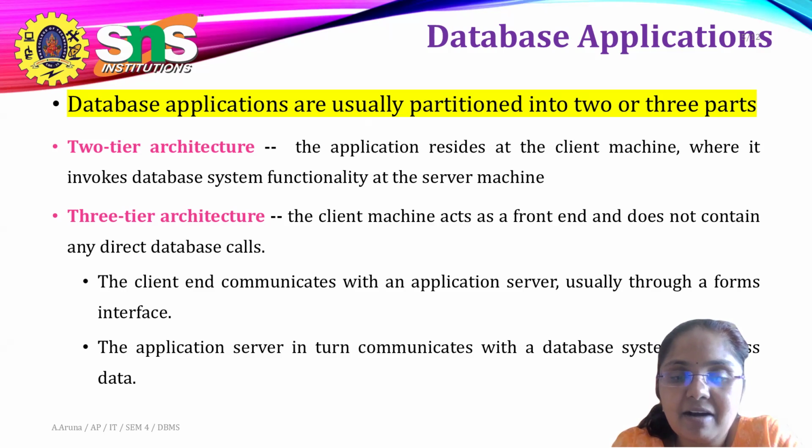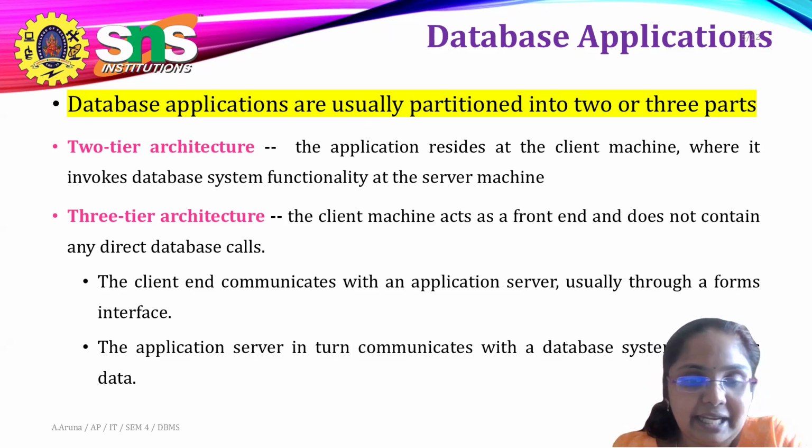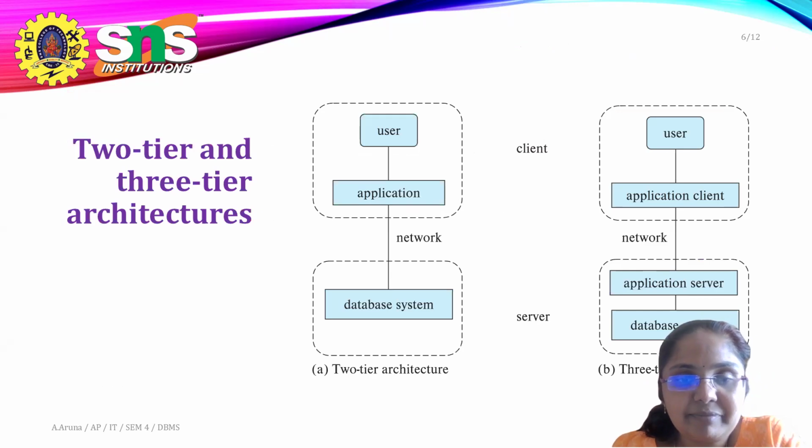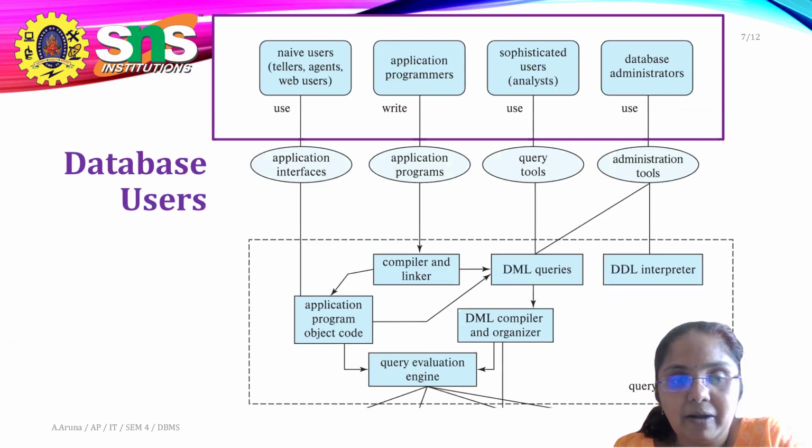The application server in turn communicates with the database system to access the data. So this is the diagram of the 2-tier and the 3-tier architecture. In 2-tier, your application is at the user side, and the user can directly access the database system through the network. Here you have a client and server. Through client and server only, data can be accessed from the database by the user. This is the 2-tier architecture.